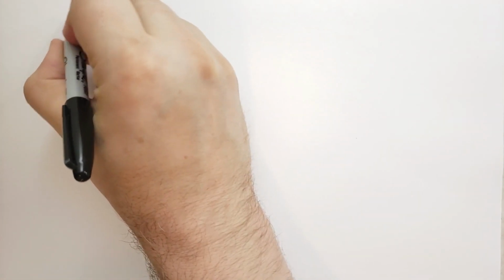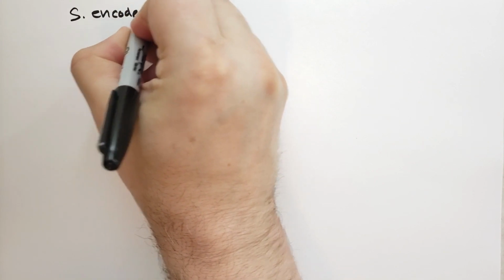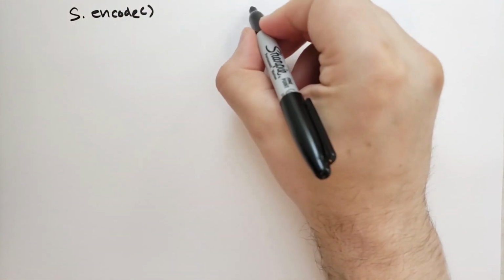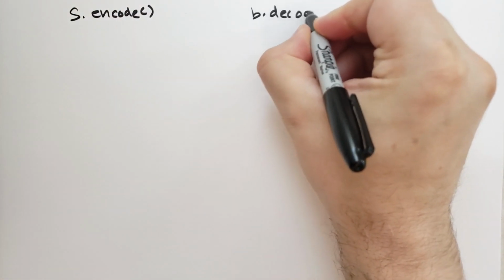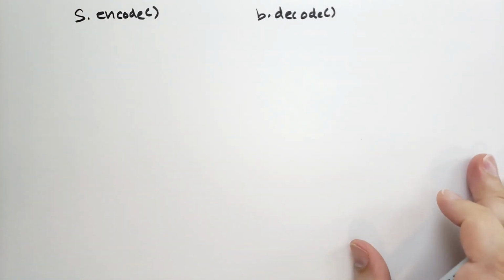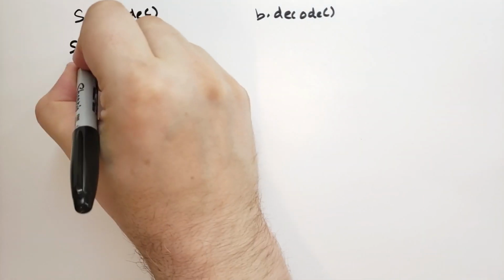Finally, I wanted to talk about everything that you might ever want to know about encoding and decoding in Python. So, as you know, s.encode does UTF-8 by default, and b.decode. Remember, s and b are strings and bytes. Okay. You could also specify the encoding.